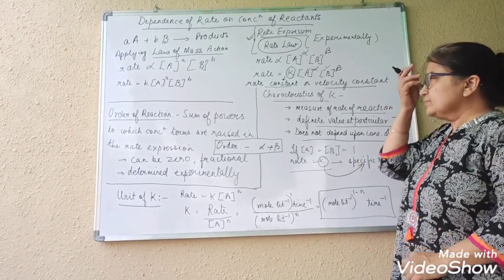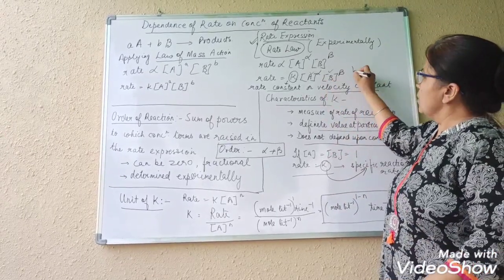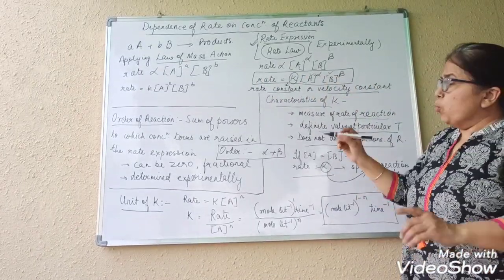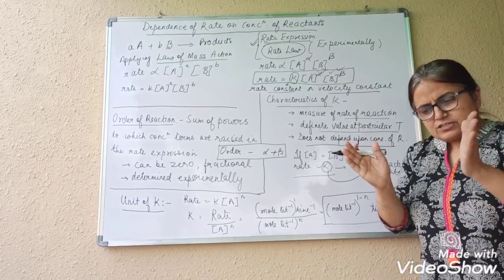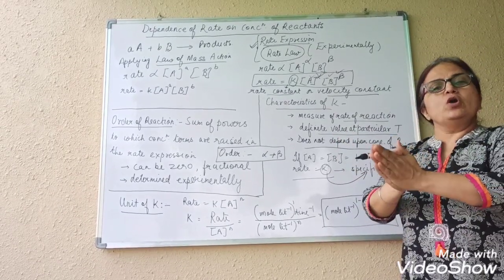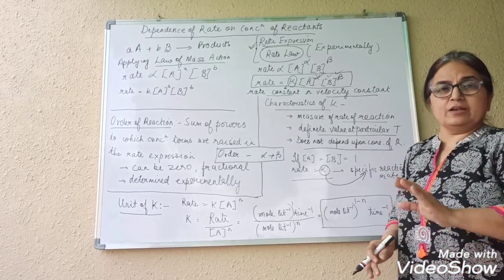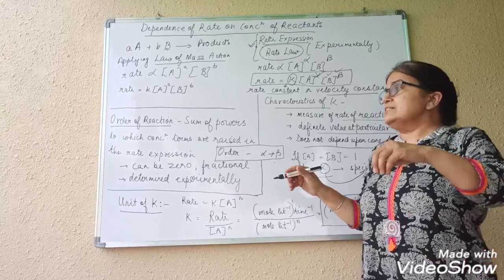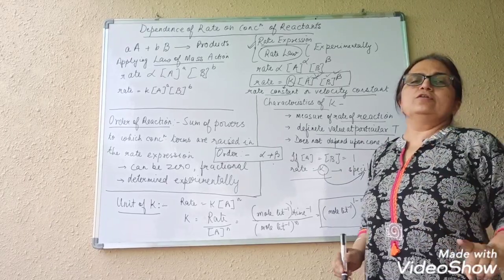Clear? Now, once we are done with the rate law, or rate expression, what are the powers in this? Alpha and beta. The sum of the powers is called the order of the reaction. That means the order for this particular reaction is alpha plus beta. This is another term I am introducing now in chemical kinetics: order of reaction.